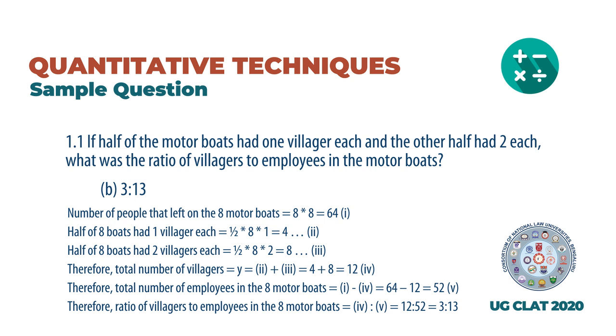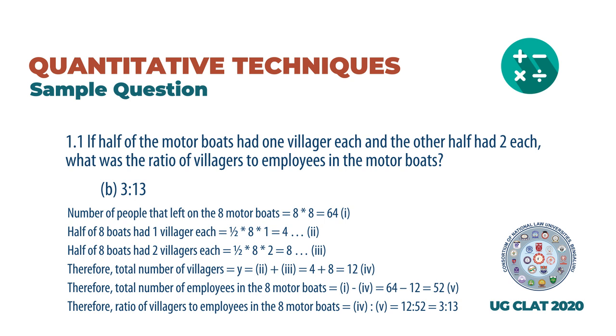Half of 8 boats had 1 villager each, which is half multiplied by 8 multiplied by 1, which is equal to 4. Let's call this calculation 2. Half of 8 boats had 2 villagers each, which is half multiplied by 8 multiplied by 2, which is equal to 8.